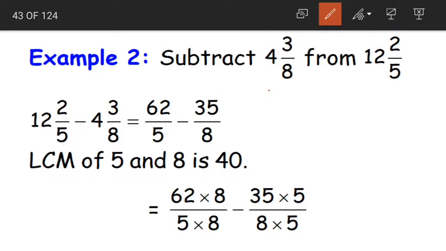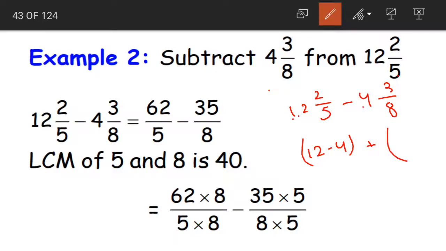Yes, so in the same way here let us do this problem in that method. 12 2 by 5 minus 4 3 by 8. Take the whole numbers, first subtract the whole numbers and then add them to our difference of fractions.